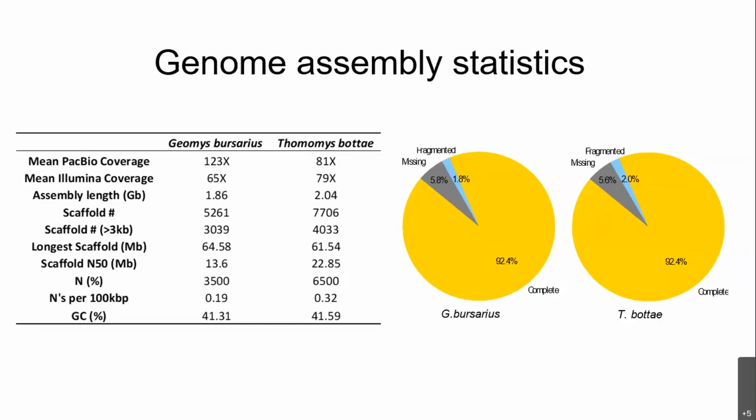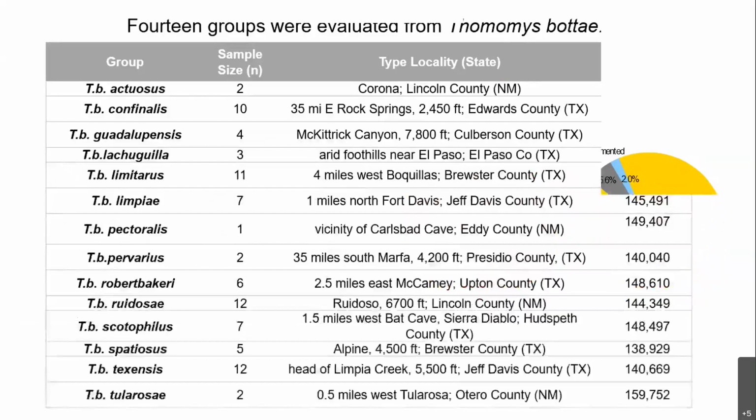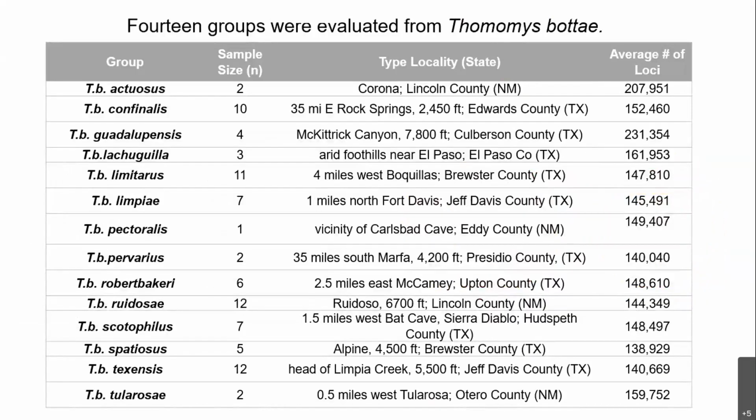And the GC content down there is about 41% for both, which is right on par with what is known for the GC content in many mammals. So that's comforting. That was just a brief look at the data on the genome assembly.